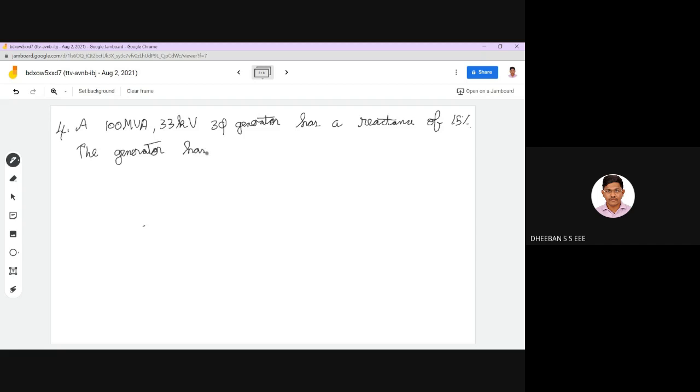The generator is connected to motors. More than one motor is used, through a transmission line and transformers.